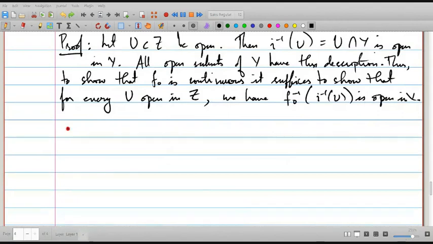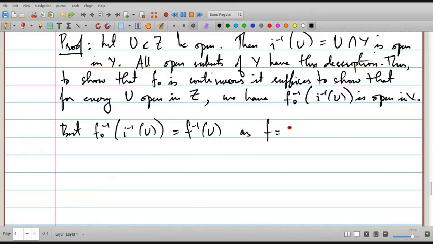But f naught inverse of i inverse of U is exactly equal to f inverse of U, as f is equal to i composed with f naught. As f is continuous, this set is open.